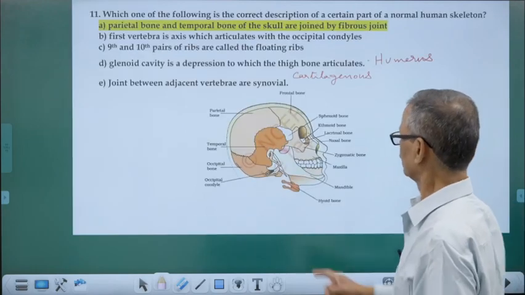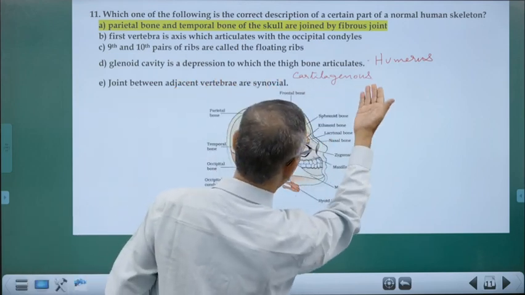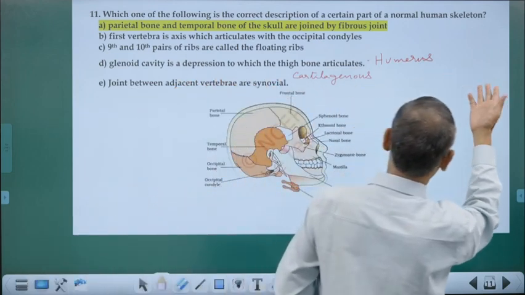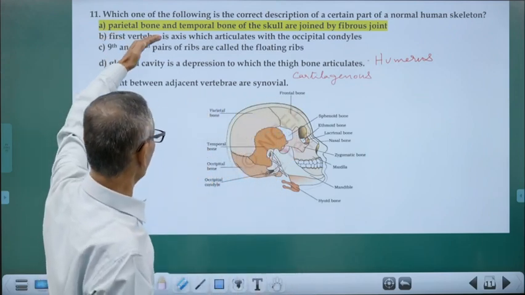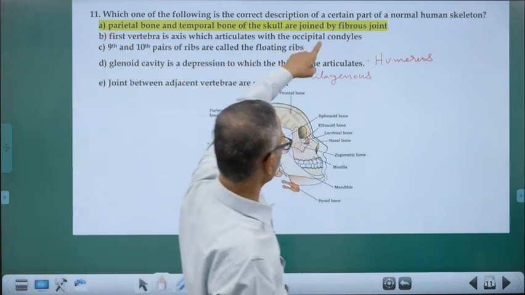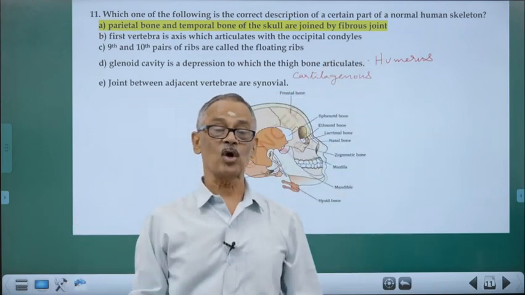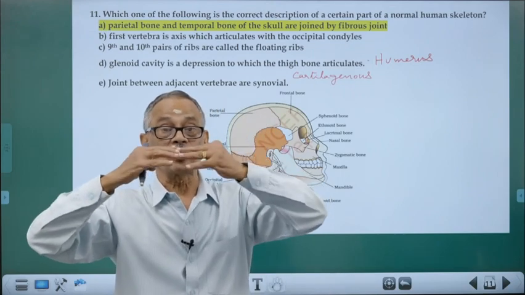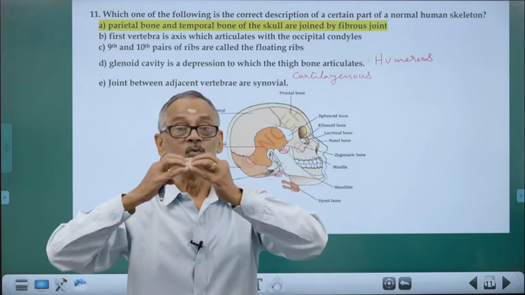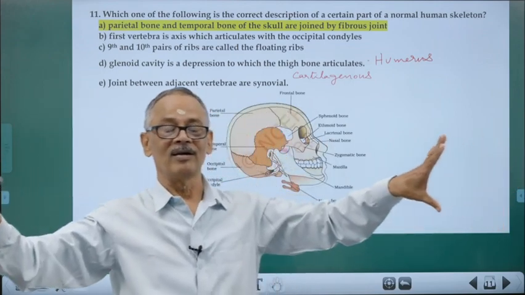We have studied it. Now, which of the following is the correct description of certain parts of the normal human skeleton? Parietal bone and temporal bones of the skull are joined by fibrous joint. What is a fibrous joint? A joint where the two flat bones are connected together by fibrous tissue, which allows no movement at all.